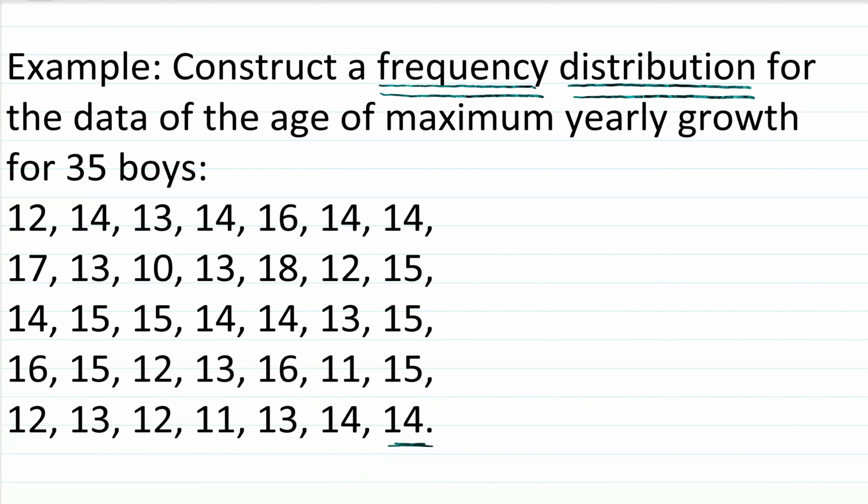All right, so what I'm going to do, I'm just going to place it to the right of the data. So I'll say age of maximum growth. You can go right here. Age of maximum growth.